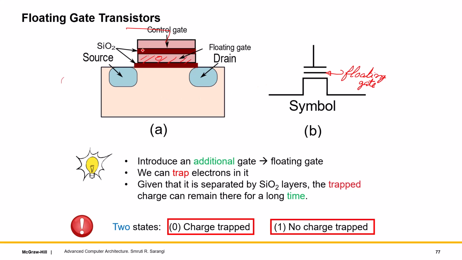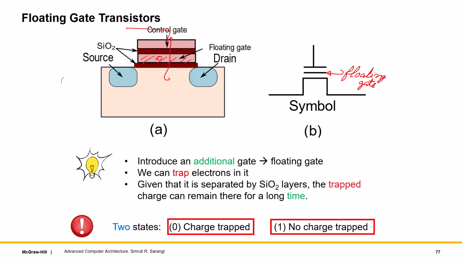Well, if you apply a very strongly positive voltage over here, then electrons will escape, and they'll get caught in here. Similarly, if the voltage here is negative, you are pushing electrons. But we will see that one direction is better than the other. The main idea is that within this floating gate, we can trap electrons.